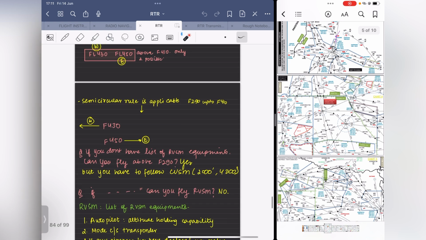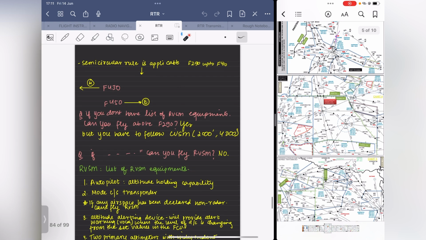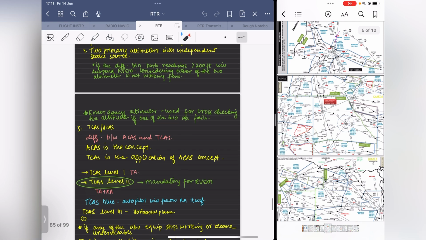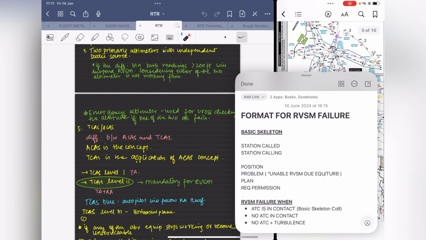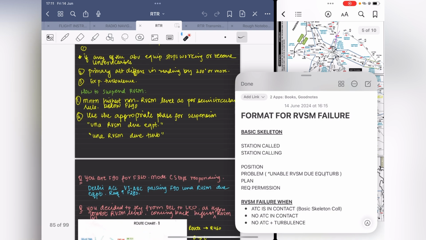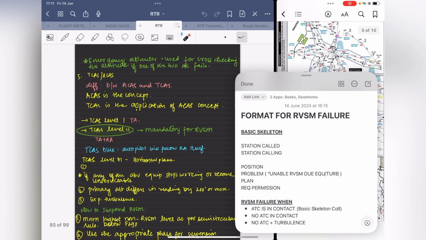Fine. Now, let's look at the formats. What kind of questions are we expecting when we talk about an RVSM call? One of the major things we are expecting is that we will have our requirements.